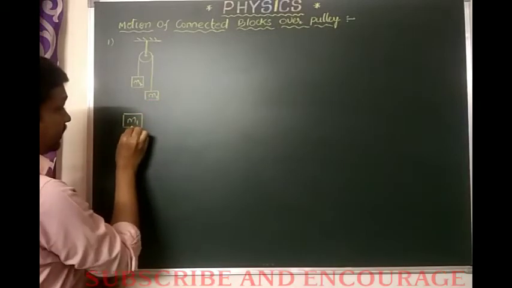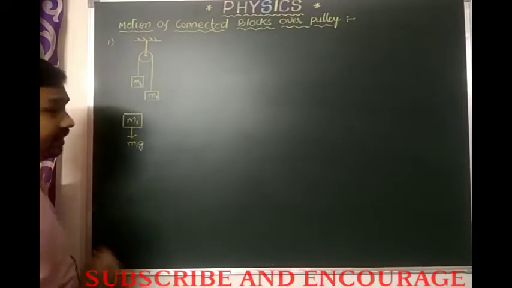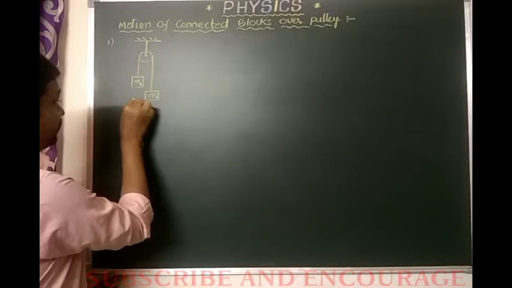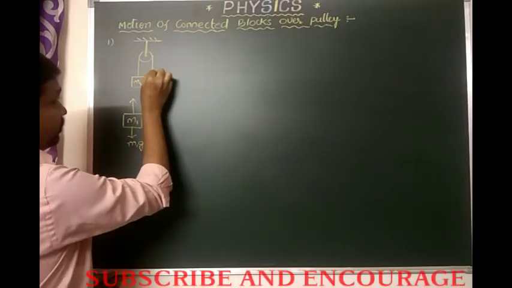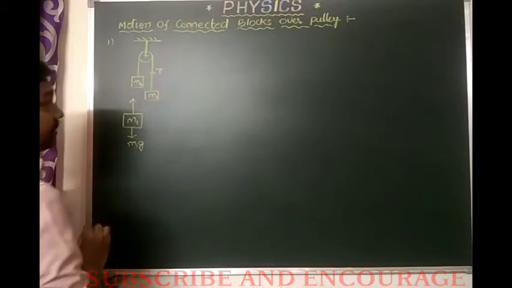The weight of the body always acts in the downward direction, and the tension in the string acts toward the fixed point, so tension will be in the upward direction.